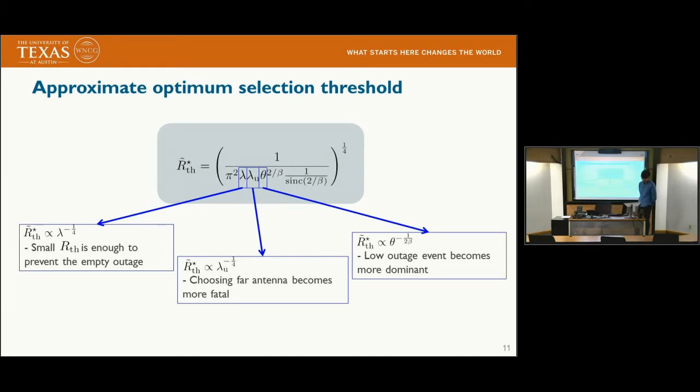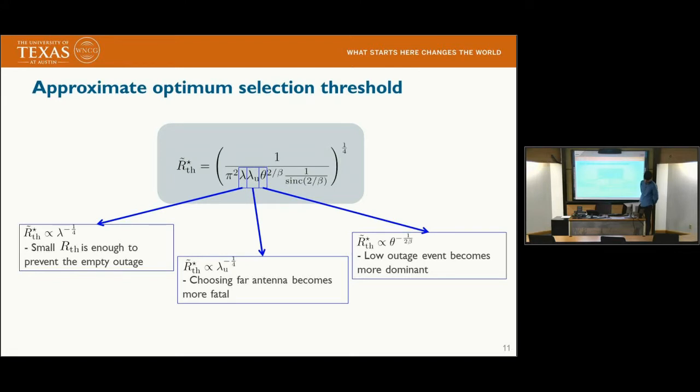One point here is that it is inversely proportional to the antenna density, the user density, and the SIR target threshold. The interpretation from this observation is that when there are many antennas in the field, only a small selection threshold is enough to prevent the empty outage event.